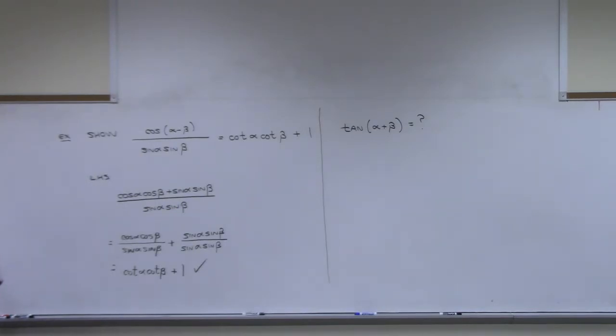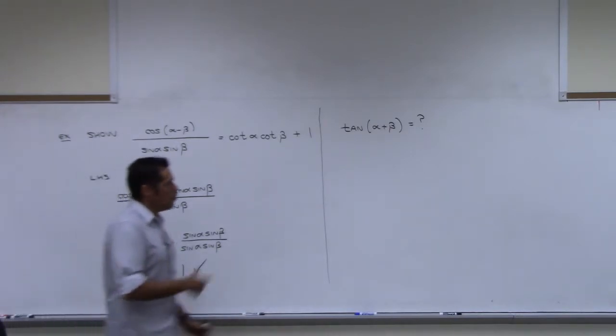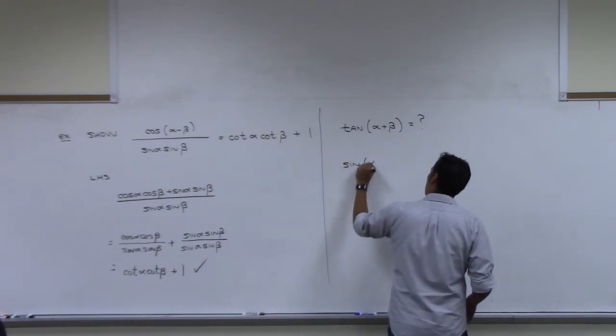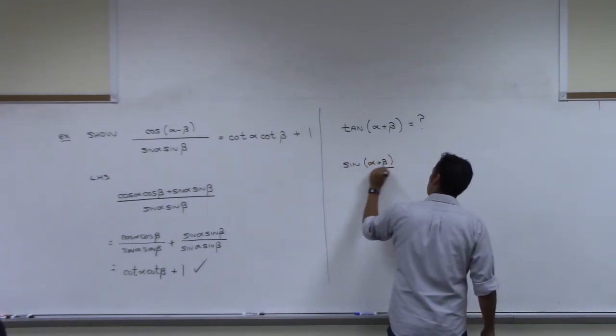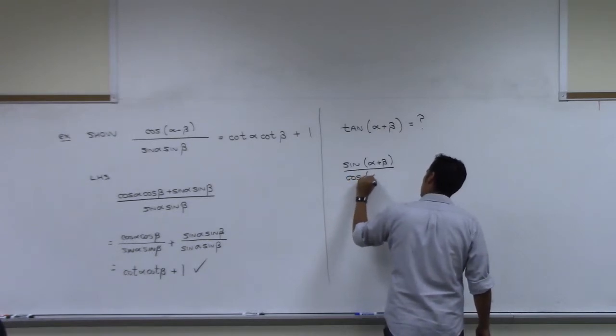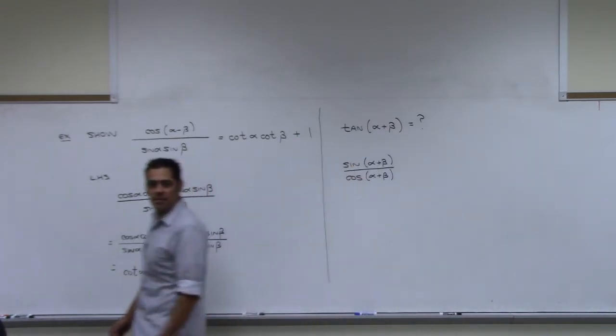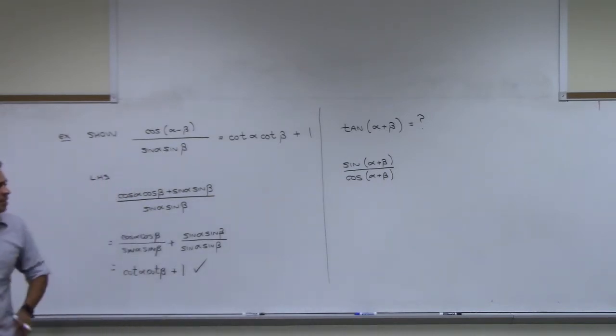Well, what is the definition of tangent? Sine over cosine? So wouldn't this be equal to sine of alpha plus beta over cosine of alpha plus beta? I mean, isn't that the definition of what it is? And don't I have formulas for both of those?